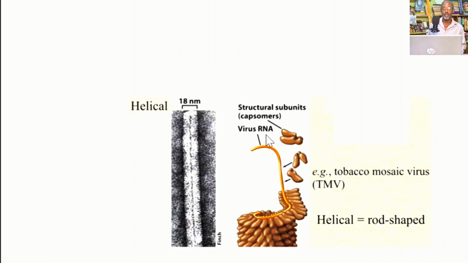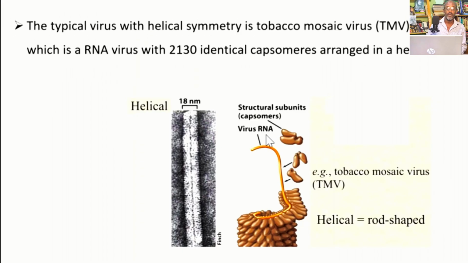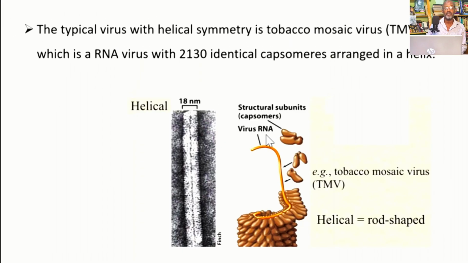These helical viruses are RNA viruses. The typical virus with helical symmetry is tobacco mosaic virus, an RNA virus with 2130 identical capsomers arranged in a helix, as you can observe here.